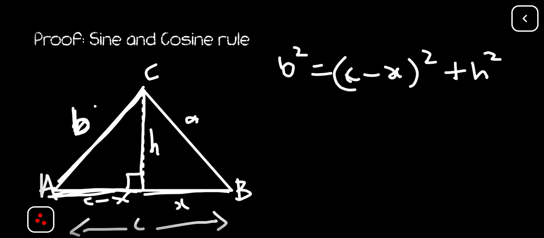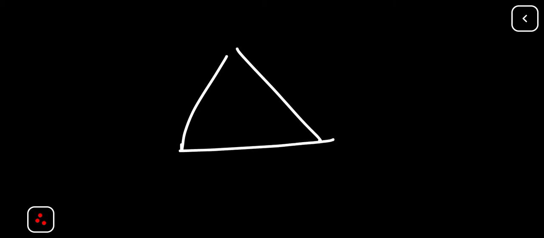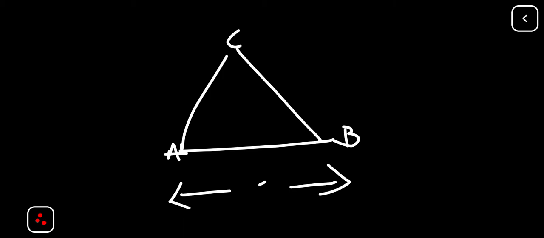Okay. So how do we know it is c minus x? It is due to this c, this distance from a to b, minus this value here. This will give us this value. Let me explain it this way. If you have a triangle, and this is a, this is b, and this is c, and you know that from a to b is, let's say, 5.